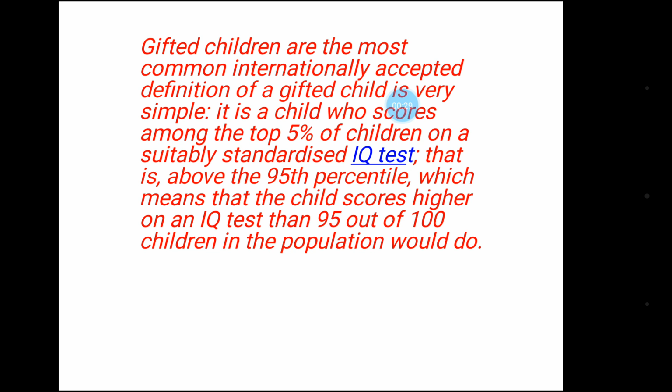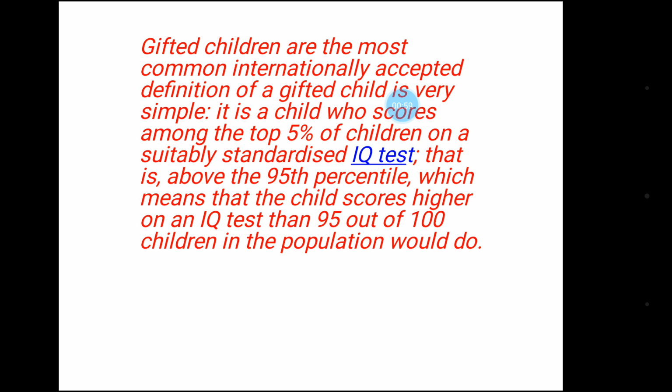we can say a gifted child is one child who scores among the top 5% of children. So we can say if we give them a standardized IQ test, of course their percentile will be above the 95th, means they will be in the top 5% of children and their IQ will be higher than the other students.